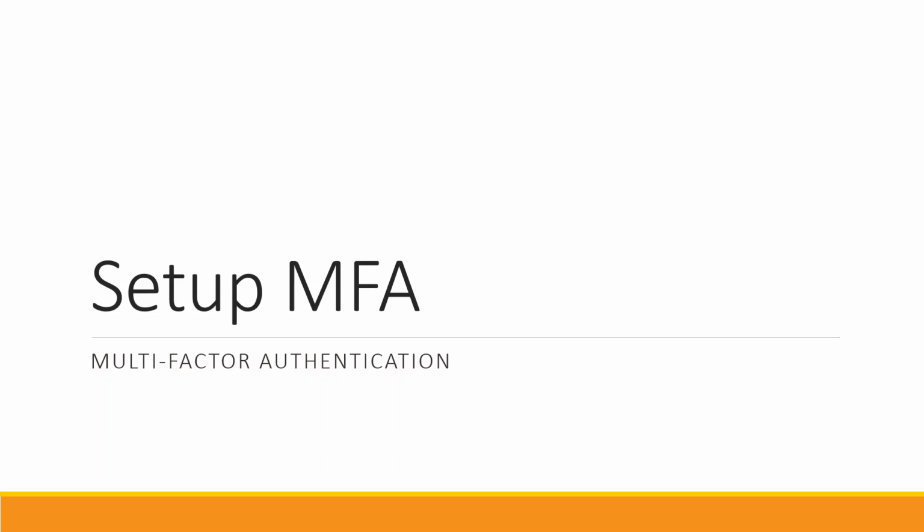In our case, we're going to set MFA up to gain access to our AWS root user account. Just like any operating system or application, it is important to make sure that our root user account is very secure, since this does control a lot of our privileges and it does have access to almost anything. Multi-factor authentication is a great way to add another layer of security to this account.